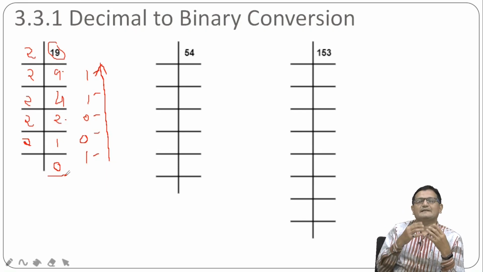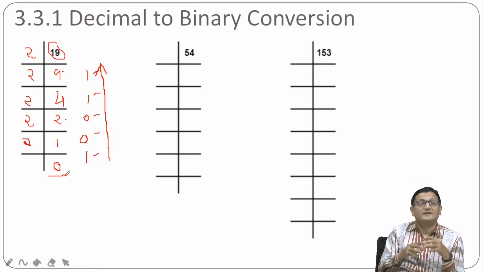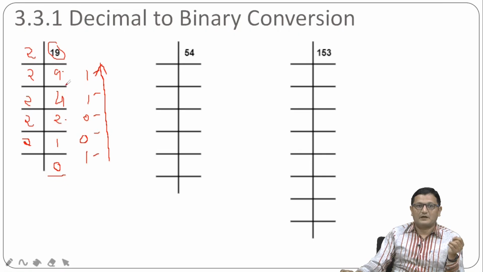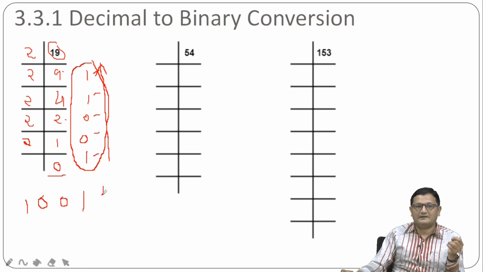So whenever a decimal number is given to you and you want to convert it into binary, you just need to divide that number by 2, collect all the remainders, and afterwards write all the remainders in reverse order, like this: first 1, then 0, again 0, then 1 and 1. This is the binary of 19.